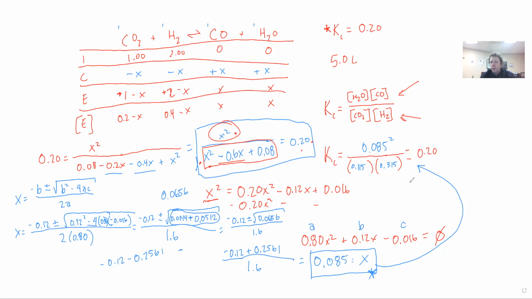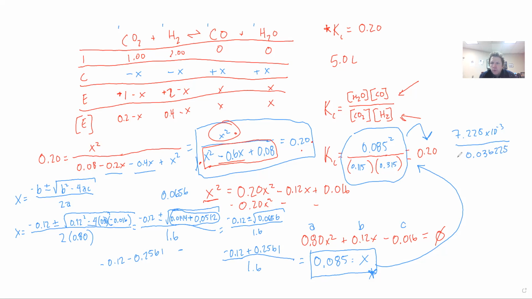Now, what I should be able to do is plug all of these values in and solve, and my number should be 0.2. So I'm going to go ahead and do that. 0.085 times 0.085 equals 7.225 times 10 to the negative third, divided by 0.115 times 0.315, which equals 0.036225.